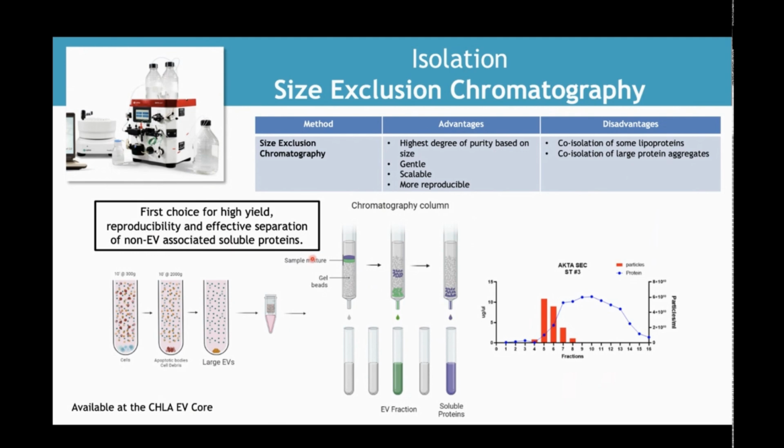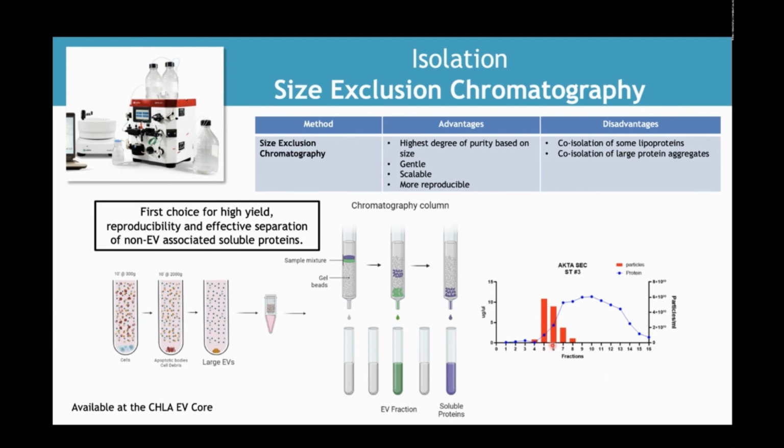Here is the overview of the method. A sample is loaded on top of a column that is packed with a matrix or a gel. The sample is then separated by low pressure or even by gravity flow, and we know that the first fractions to come out of the column in the void volume are EVs, and then soluble proteins, which tend to be smaller, are separated later on.